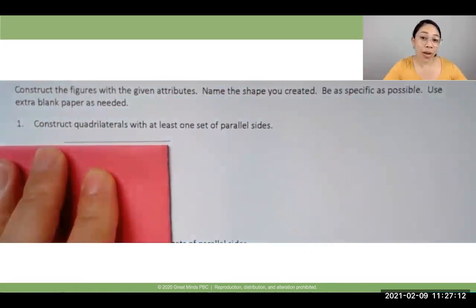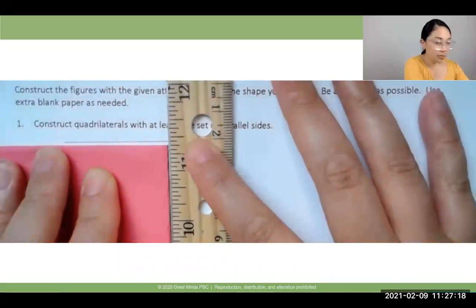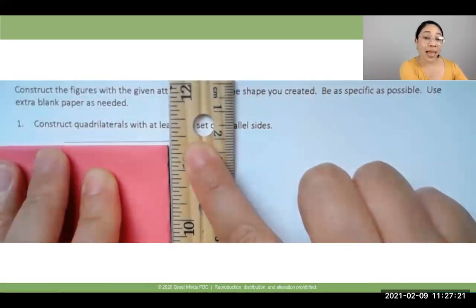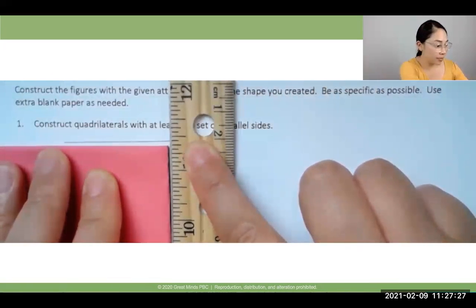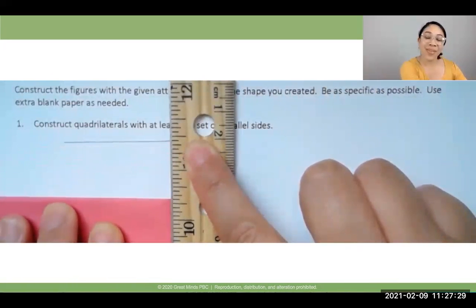Then we use our ruler and place it flush along the other side of the right angle template, like this. Next, applying pressure, we slide our right angle template down along the ruler. We can then draw that second line, which will be parallel to the first one that we just drew.